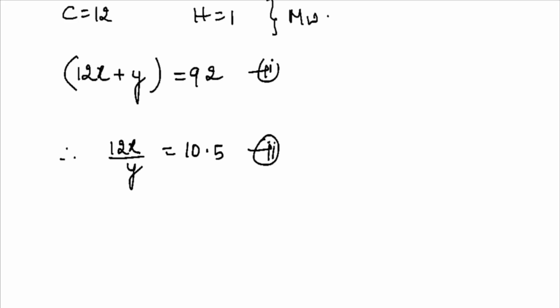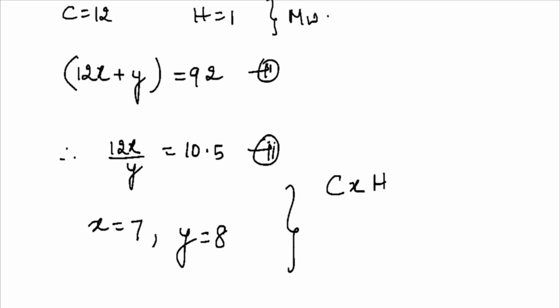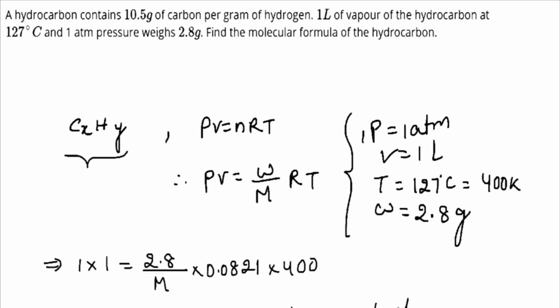When we solve, we get x equals 7 and y equals 8. Therefore, putting the values in CxHy, the formula will be C7H8.